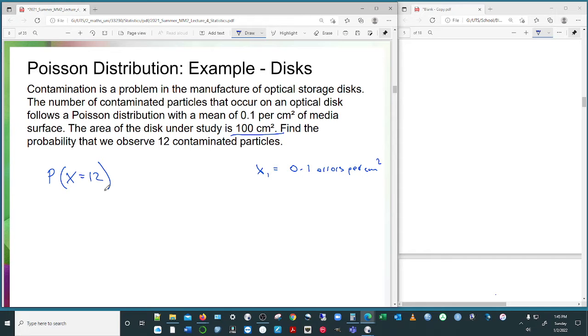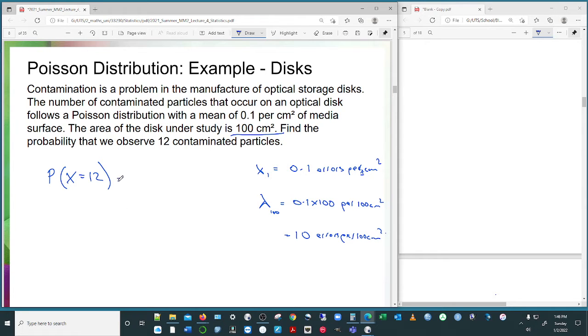But the lambda that we want to use has to be scaled. 0.1 is per 1 centimetre squared, so the lambda that we need for 100 is going to be 0.1 times 100 per 100 centimetres squared. 0.1 of 100 is 10, so 10 errors per 100 centimetres squared.